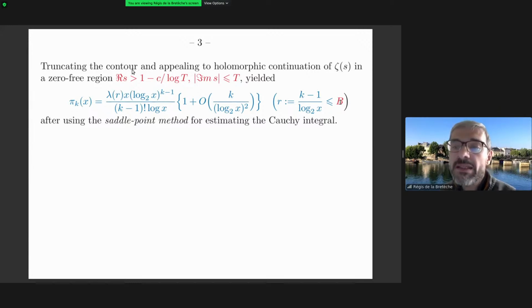So it can be here larger than 2. And to get this constant, you use the saddle point method to estimate the Cauchy integral.